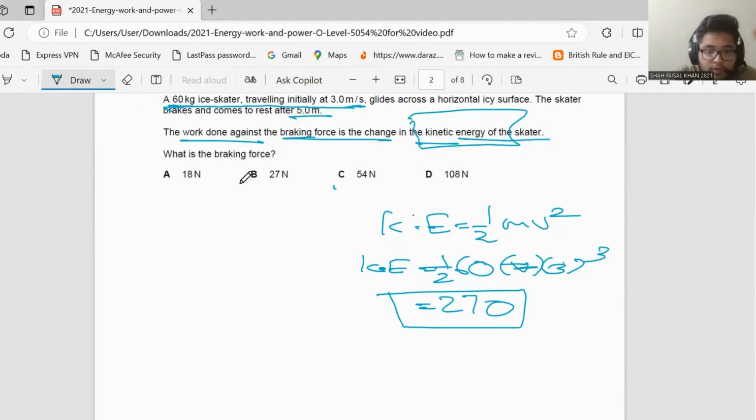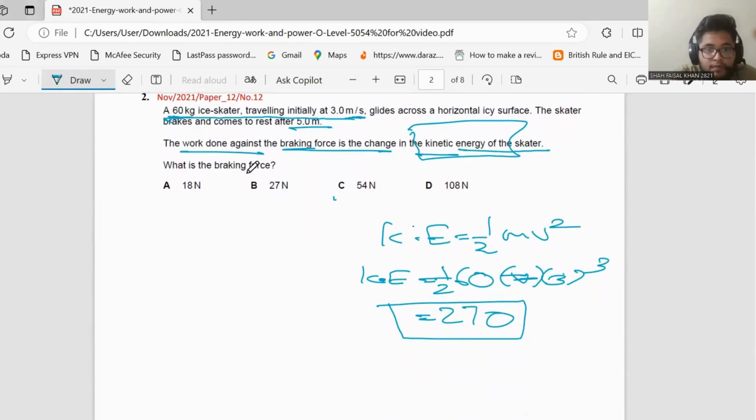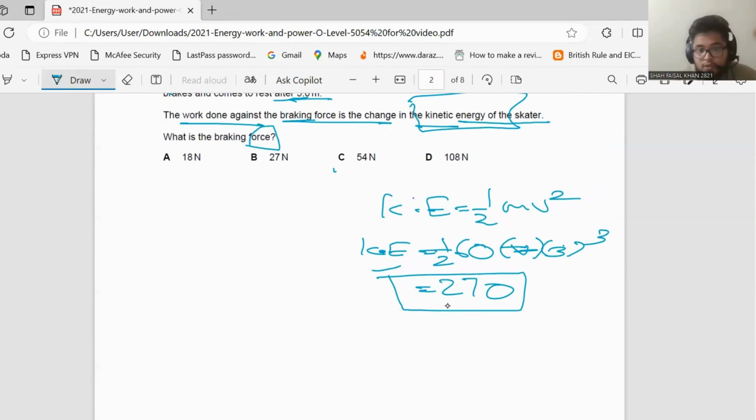So what is the braking force? We have to find the force, and the distance is given. Kinetic energy is energy, and energy can also be work, so work is 270 joules. We have to write this unit because it consists of mass. W is equal to F d.